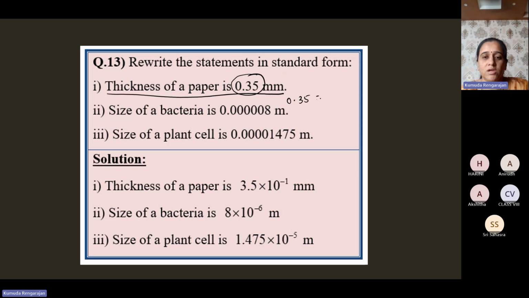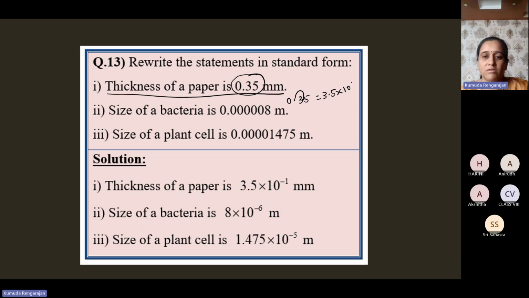So what is this number in the standard form? 0.35 is equal to, we need to bring the decimal point here so that it becomes 3.5, which is between 1 and 10. Now we have increased the value of the number because it was 0 point something. Now we have made it 3.5. So we need to raise 10 to a negative power. We have moved the decimal point by 1 place.